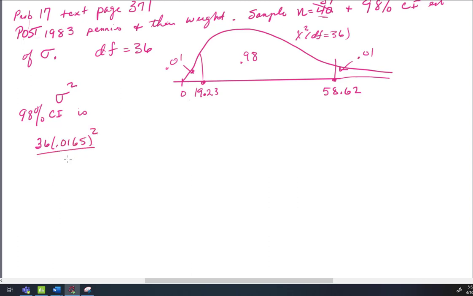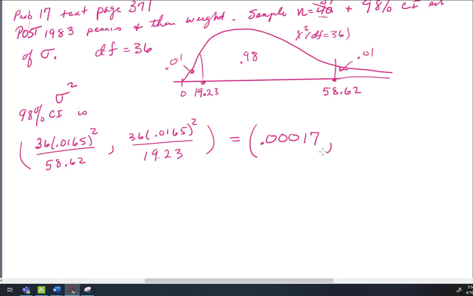So it's 36 times 0.0165 squared, over the critical point from the right-hand side, 58.62, comma, 36 times 0.0165 squared over the critical value from the left, 19.23, being big parentheses like that, and we'll want to know what that is. And so we will find our calculator, and that's going to be 36 times 0.0165 squared, and then divided by 58.62 is 0.00017.